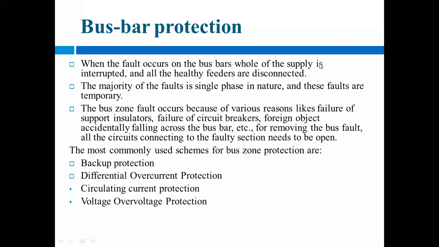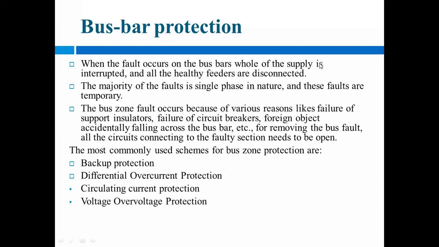When a fault occurs on the bus bars, the whole supply is interrupted, and all the healthy feeders are disconnected. We are using bus bars to give supply to the feeders.